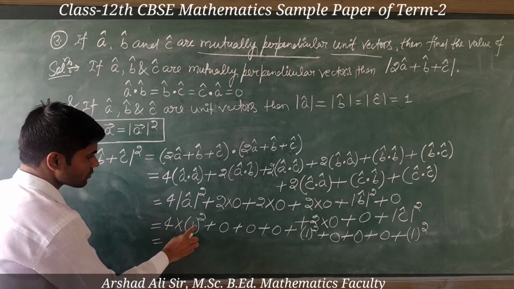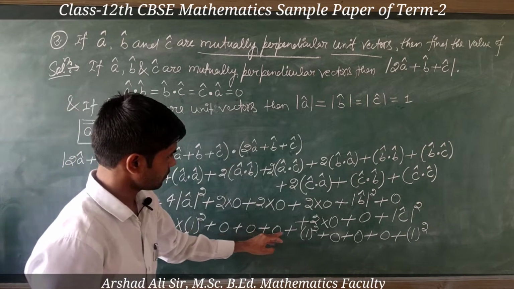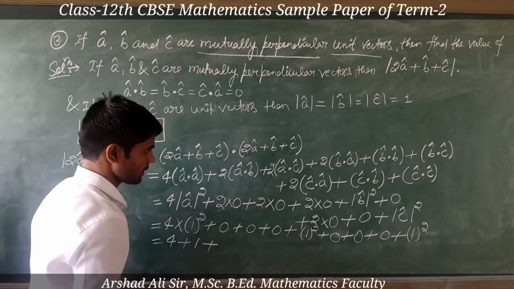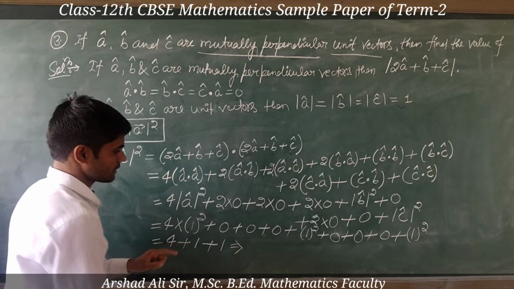Here 1 square means 1, 1 multiply 4, 4 plus 0 0 0 1 plus 1. So it is equal to 6.